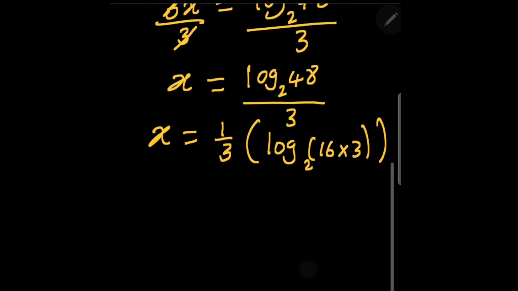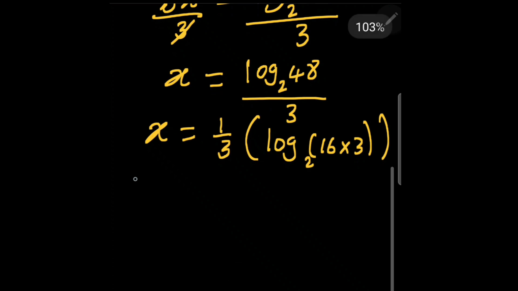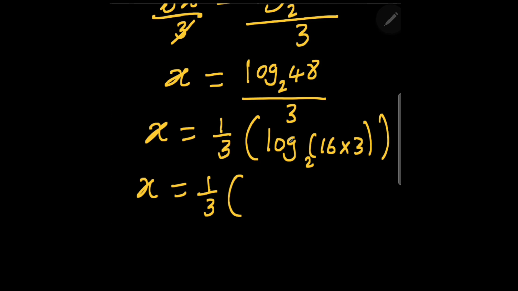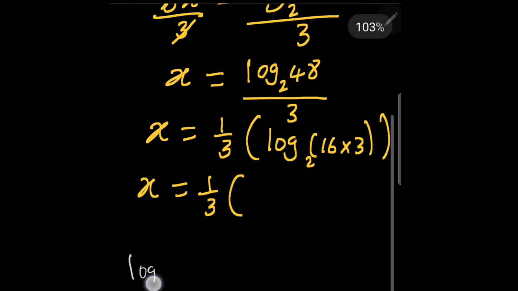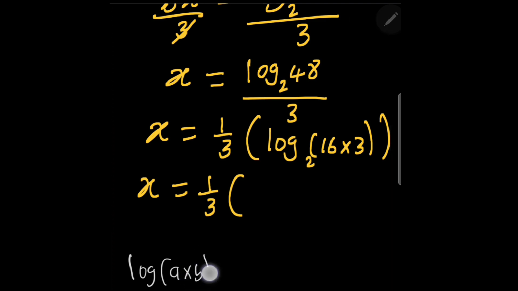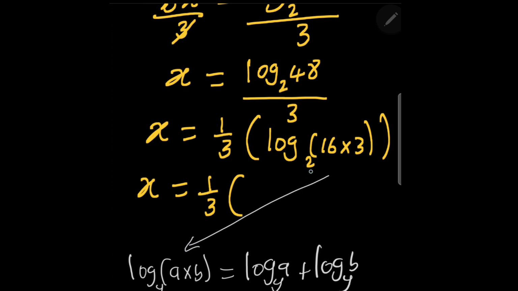Now the next thing we're going to do is keep simplifying further to its lowest form. So we have x equal to 1 all over 3 into the bracket of. Here, recall that whenever we have, for instance, log of a multiplied by b to the base of y, this is the same as log of a to base y plus log of b to the base of y. So as you can see, inside this bracket is equivalent to this. So we're going to transform it into this form.